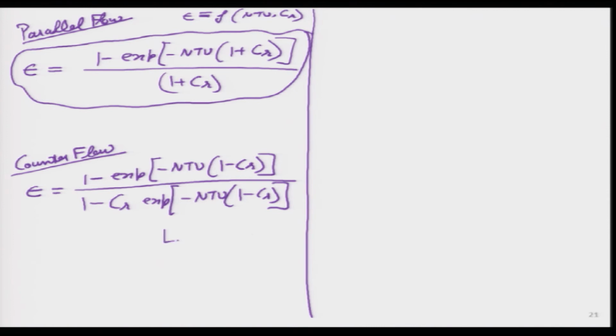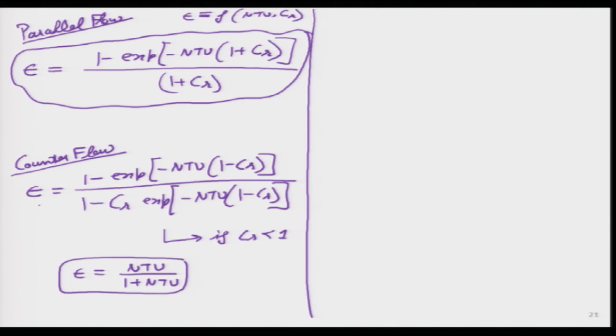This expression will be true if CR is less than 1. What happens if CR is equal to 1? Then in that case we will take the limits and solve it. It will turn out to be a very simple expression. So, these are both for counter flow: this is for CR less than 1, this is for CR equal to 1.